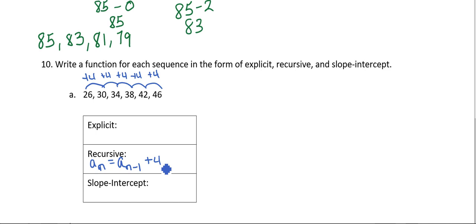It can also be written as F of n equals F of n minus 1 plus 4. Slightly different, but this is using my function notation.